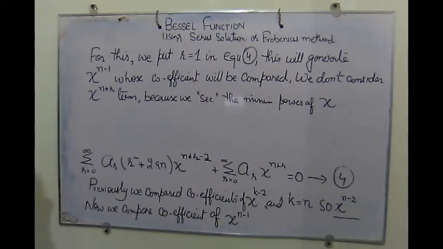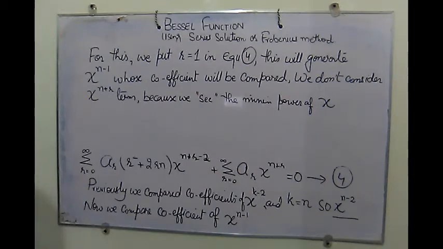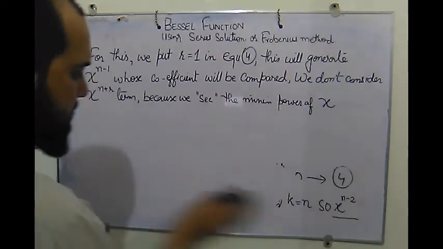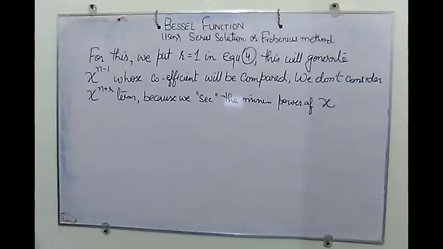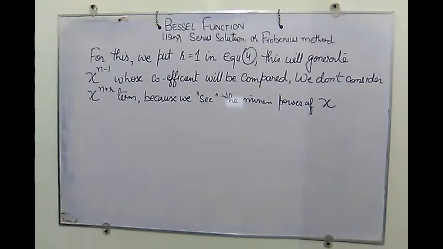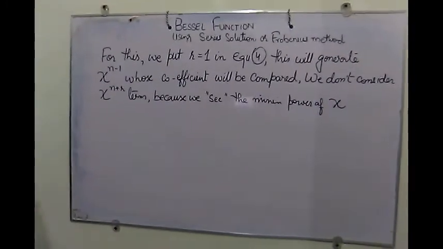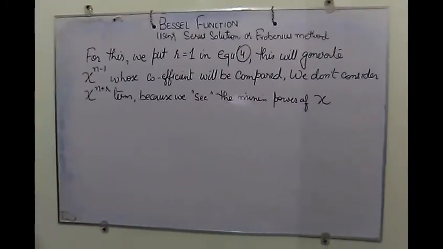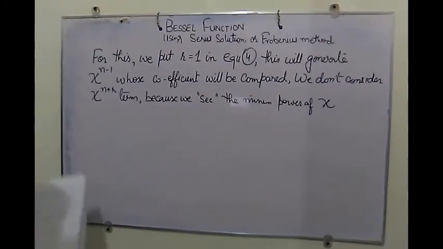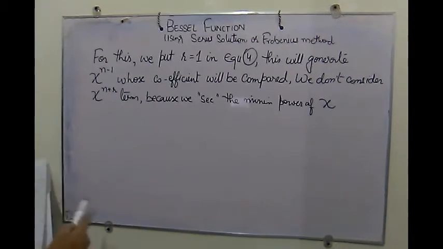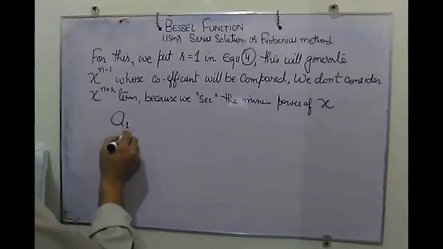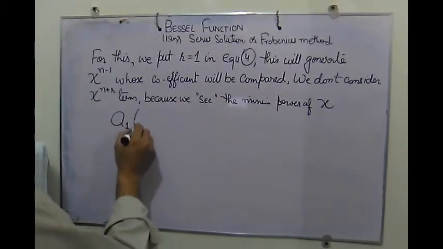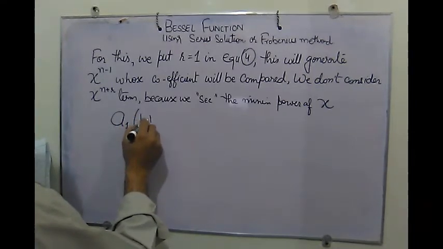We are looking for basically the minimum power of x. So when r is equal to 1, the term in equation 4 will be a1 into (1 plus 2n).